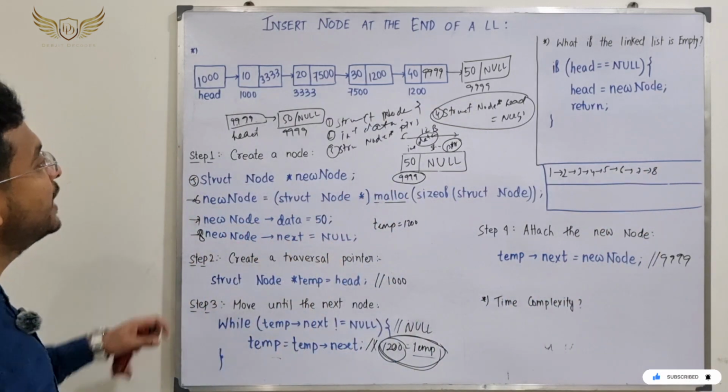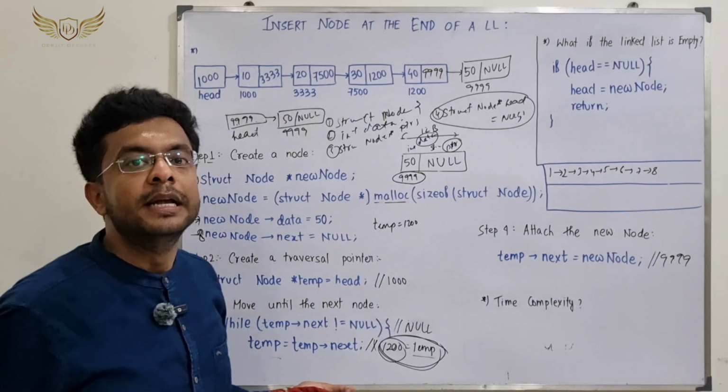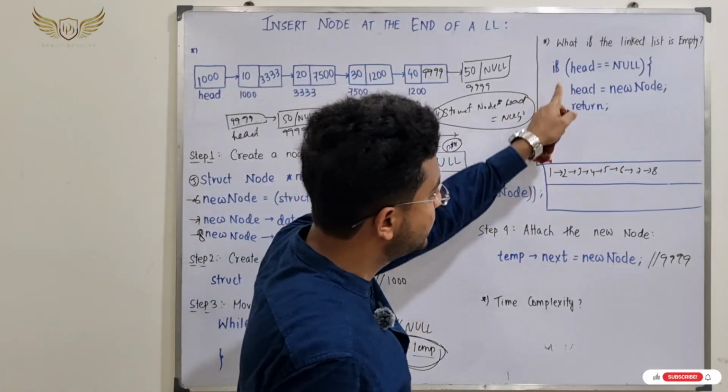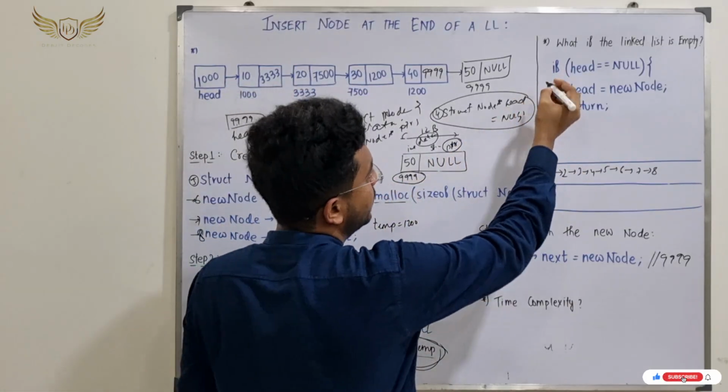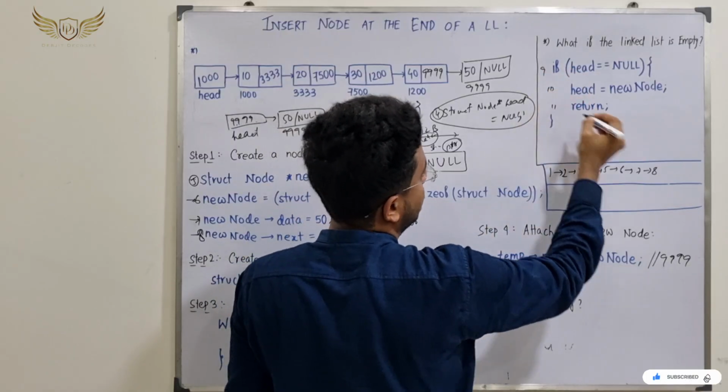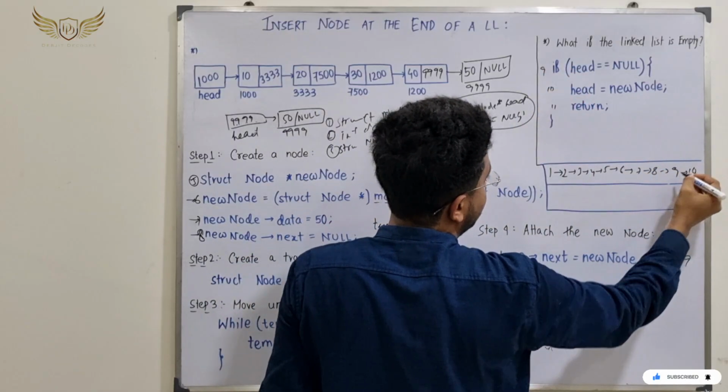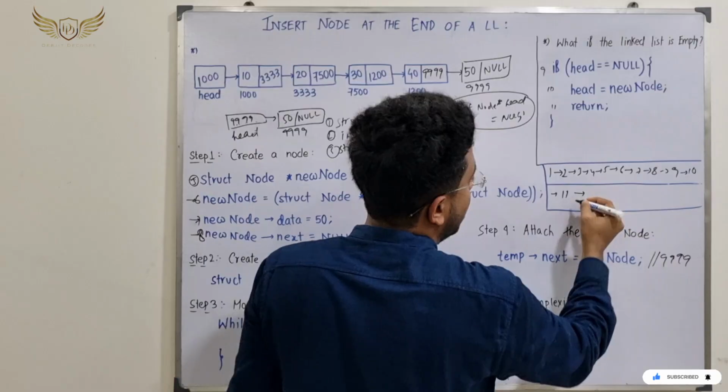Up to this part. So if the head is empty, then we need to write these conditions after this. After you create the new node, you check this condition. So it would be 9, 10, 11, and so on.